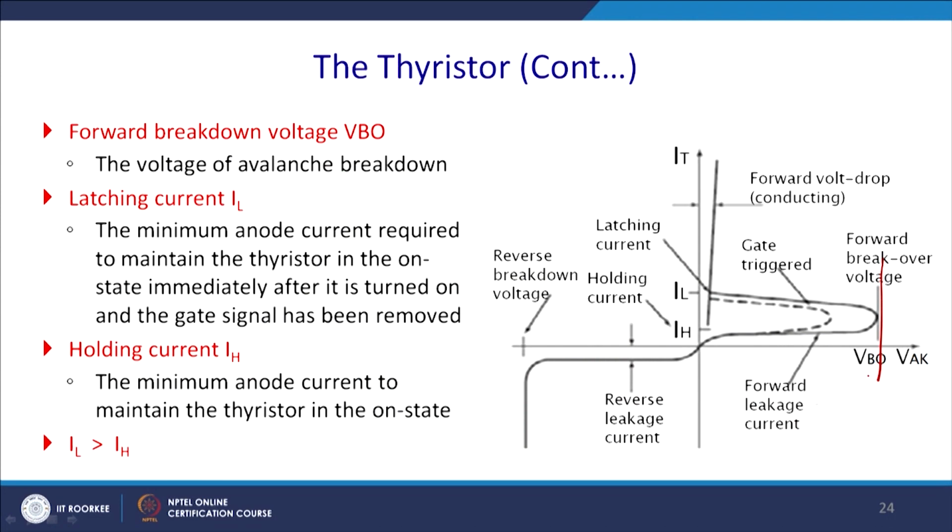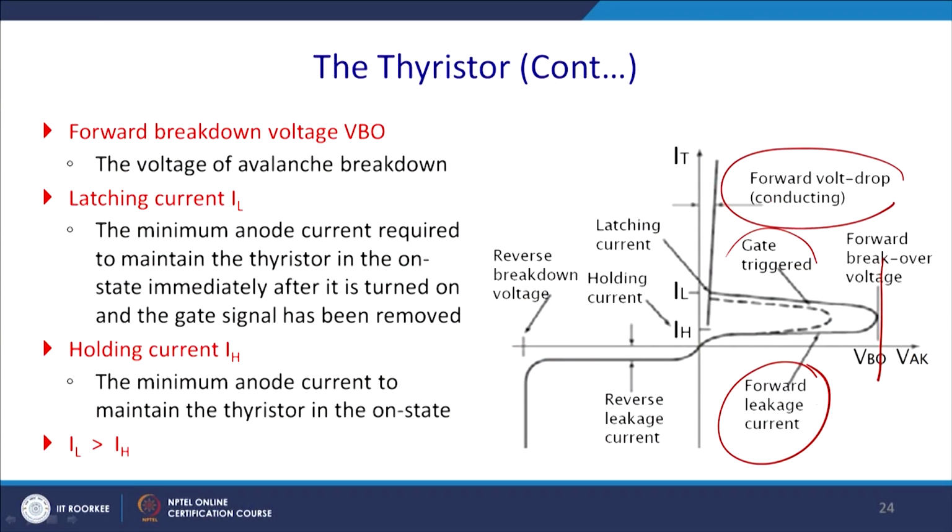Once it is in the forward blocking mode, some amount of current will flow, called the forward leakage current, which is around 10 to the power 4 times lower than the thyristor current. Thereafter, you have the gate triggered. Accordingly the voltage will change, and this is the forward conduction drop. Generally this line is almost flat, but due to ohmic losses it will be a little bit slanted.